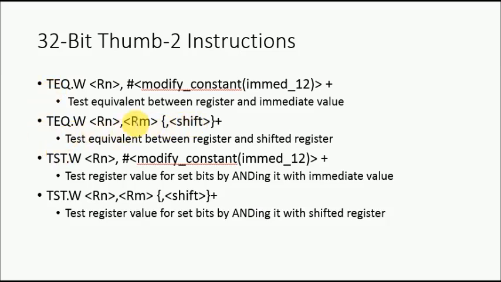Next is test the register value for the set bit by ANDing it with the immediate value. So this register is ANDed with the immediate value, and we are going to test it. Then test the register's value for the set bit by ANDing with the shifted register. So we test the Rn content with the shifted Rm register, and the flags are affected.